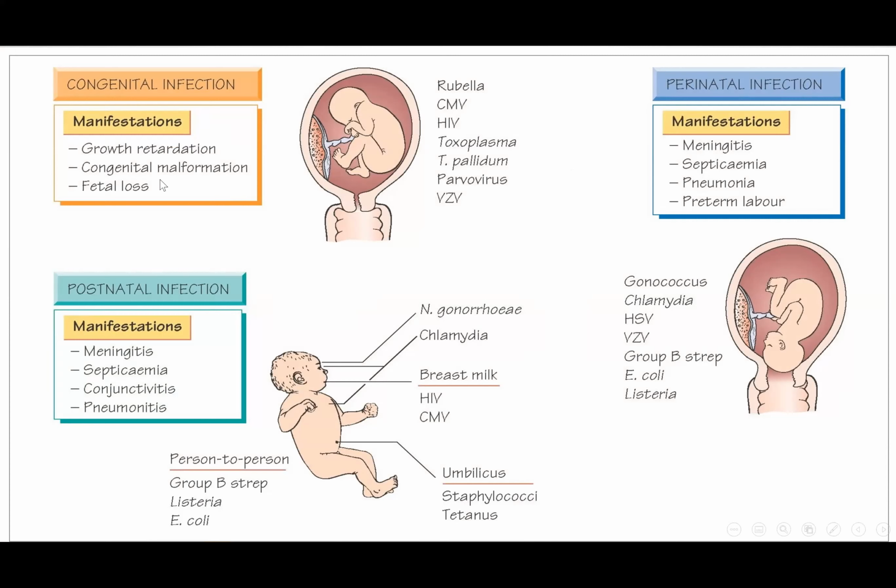It may be congenital malformation, and sometimes there is a probability of fetal loss. Postnatal infection can be presented by meningitis, septicemia, conjunctivitis, pneumonia. Remember again that perinatal infection also can cause symptoms like this.